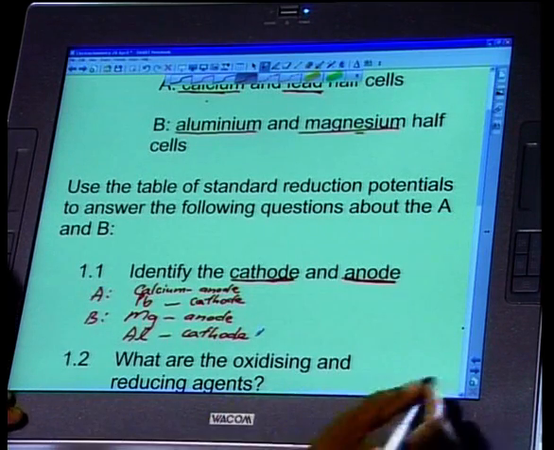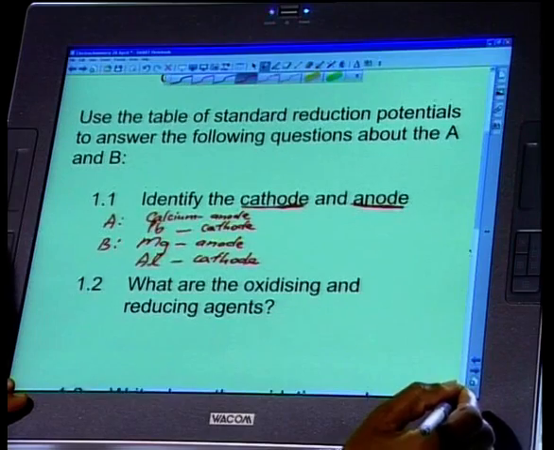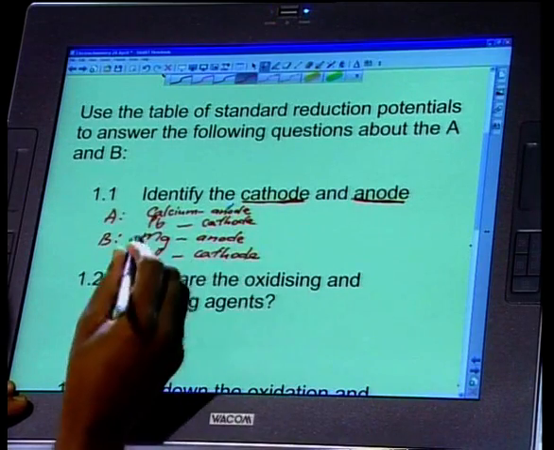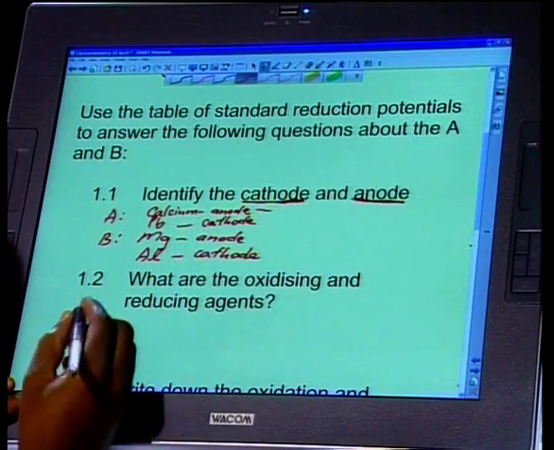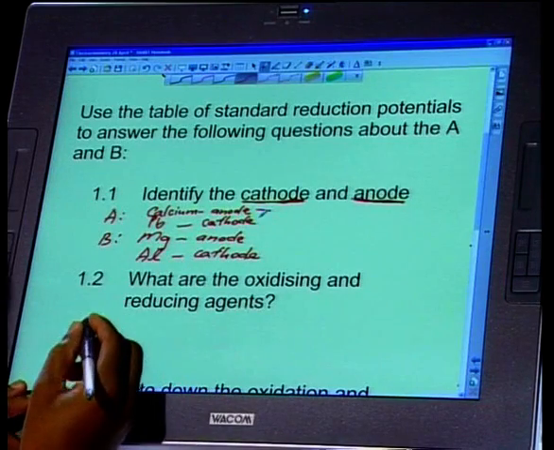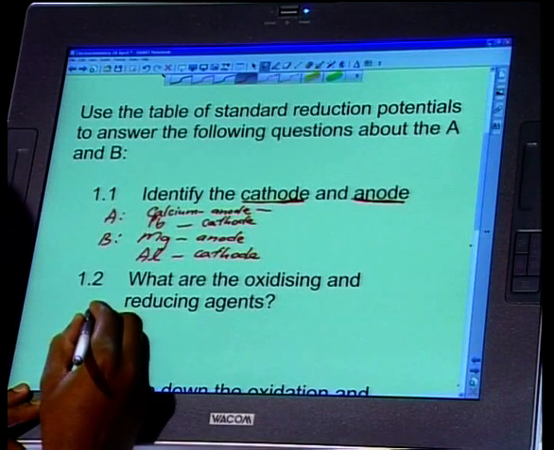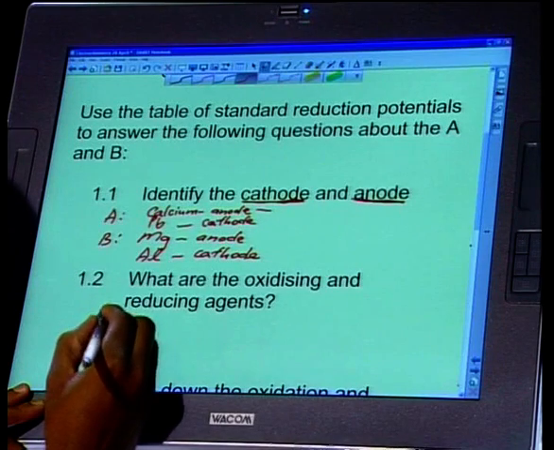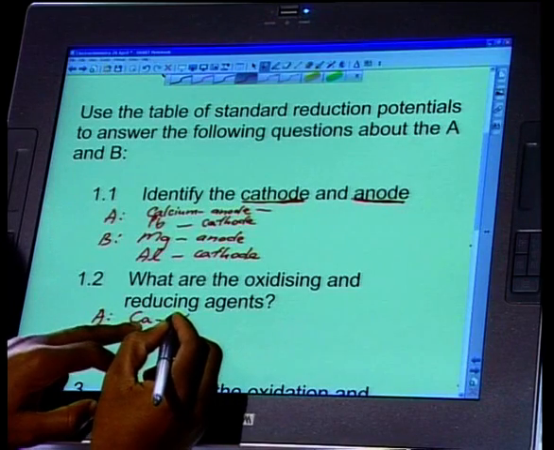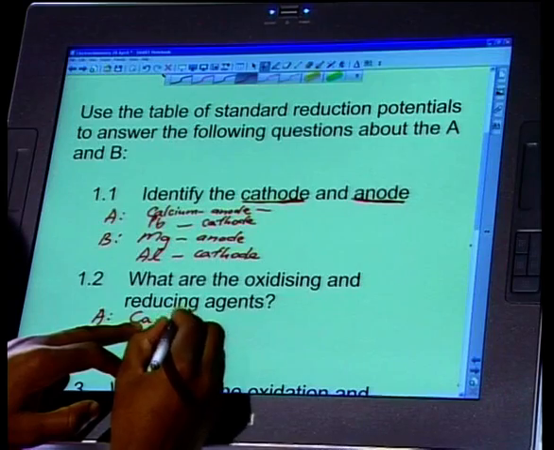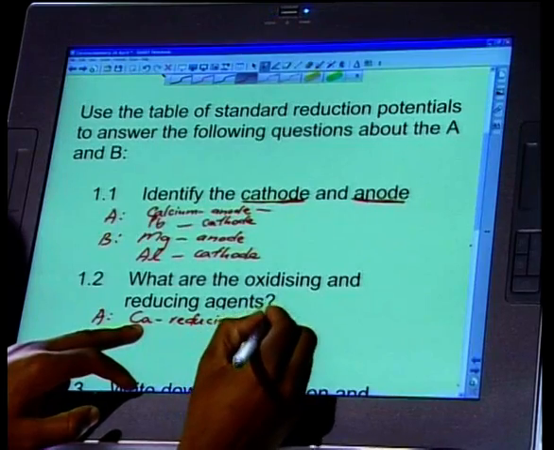Okay, now next question. What are the oxidizing and reducing agents? Now we can quickly get it from here. Calcium is the anode, because that is where oxidation is taking place. So we would say that calcium, Ca, for A, because this is the one that loses electrons, will be our reducing agent.